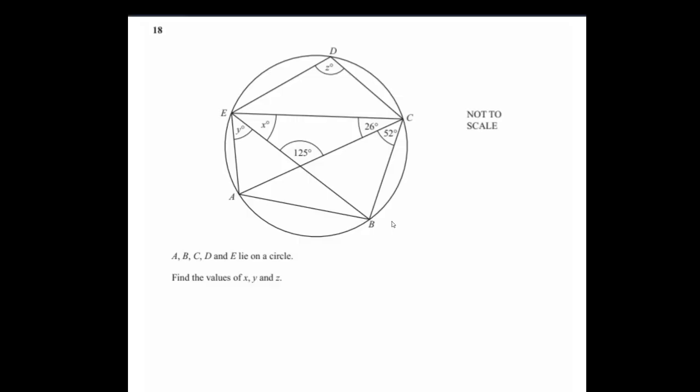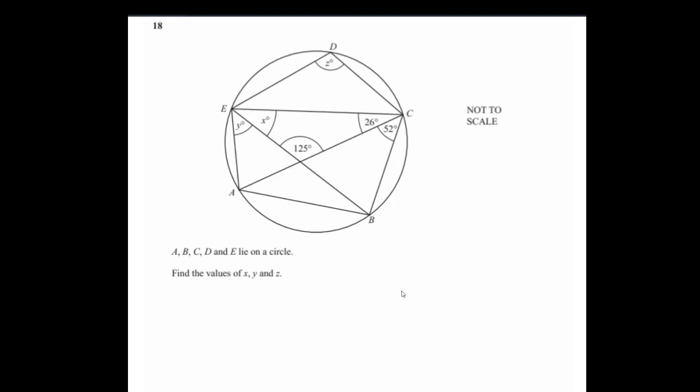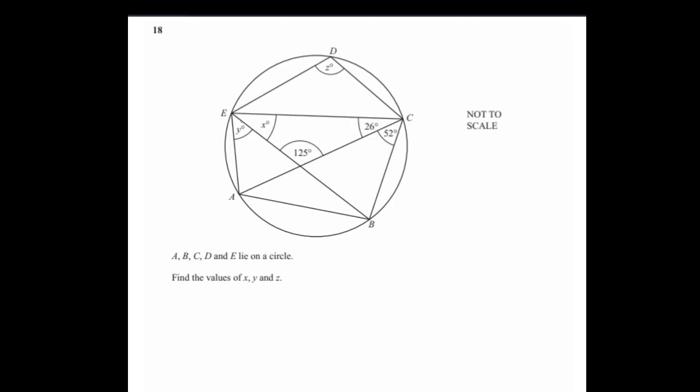Now question number 18. There is a figure given and it is related to circle theorems. A, B, C, D, E lie on a circle. Find the values of x, y, z. So here now, as you see in the figure, this looks like a triangle. E, C and this point of intersection where A, C and EB are getting intersected.